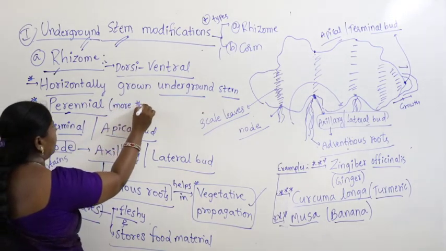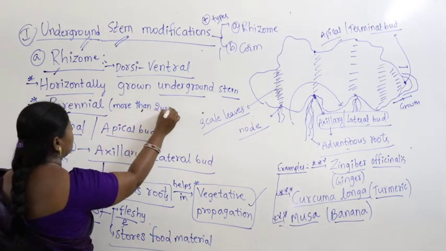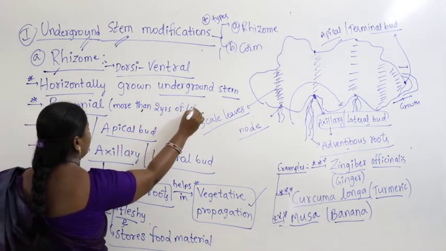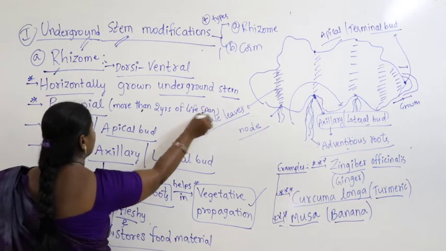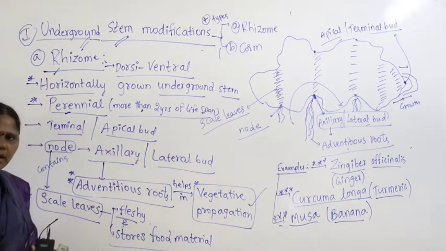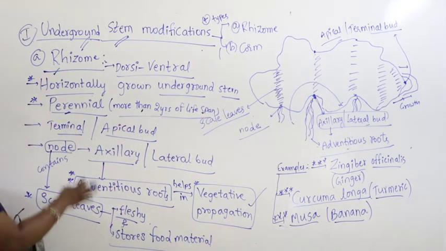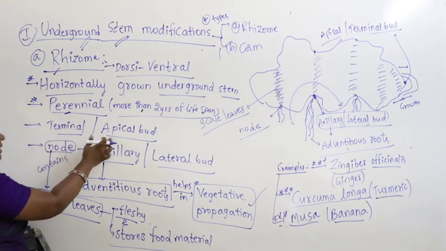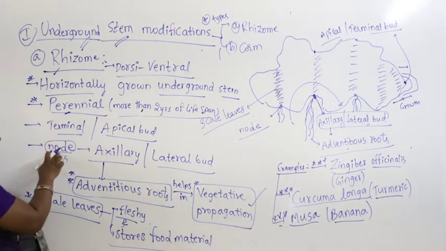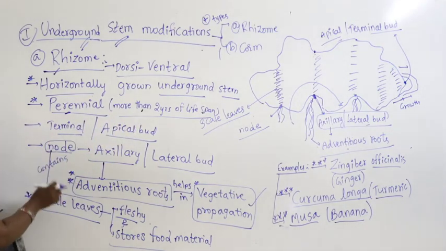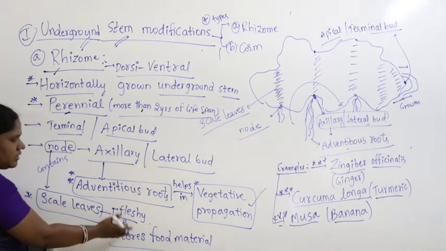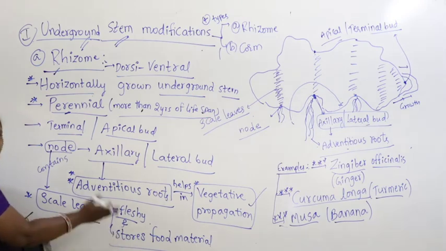That means ginger survives for more than 2 years. It contains a terminal or apical bud where growth occurs. It has a node. The node contains scale leaves.